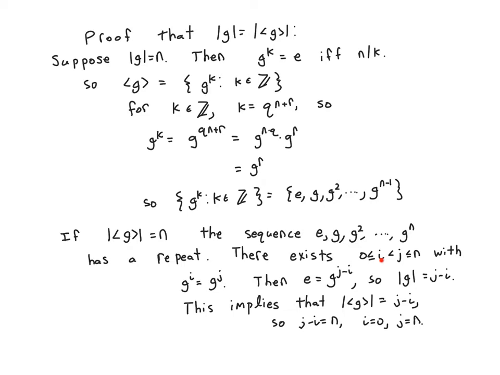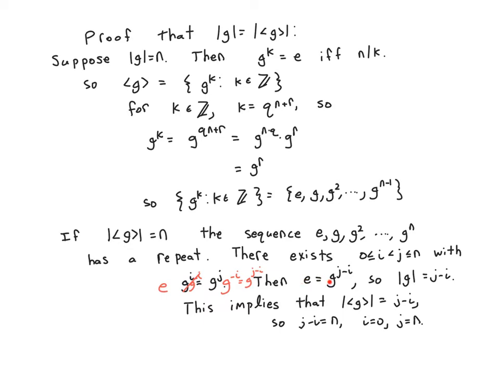In other words, there exists an I less than J with G to the I equal to G to the J. In other words, there's some two elements in this list that are the same. Well then, by properties of groups, I can multiply by G to the negative I on both sides. Cancel, get the identity, use properties of exponents, and have G to the J minus I on the right.